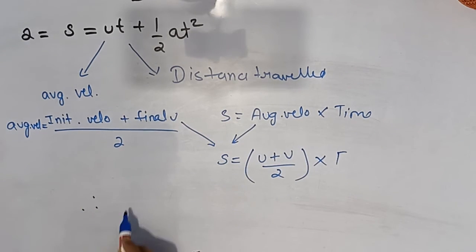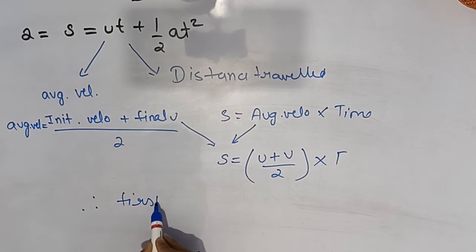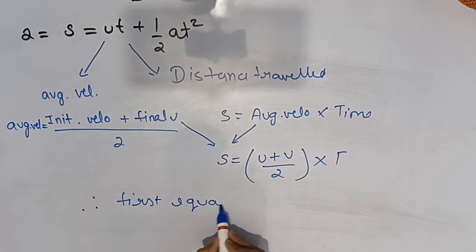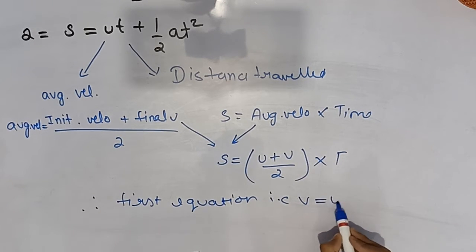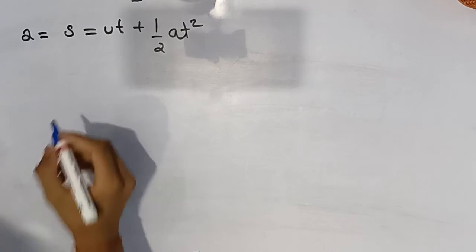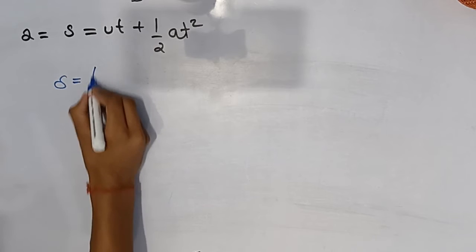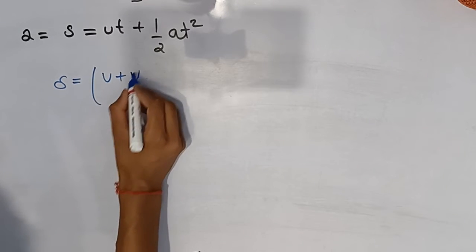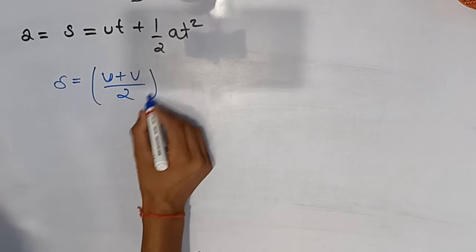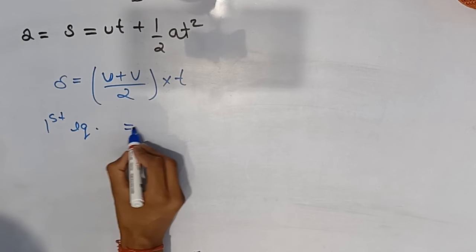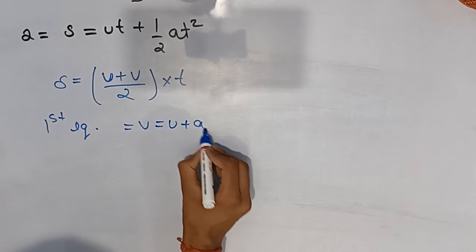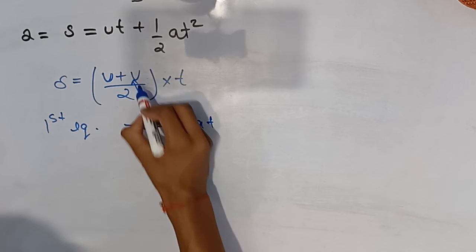Now we also have to use the first equation of motion, that is v = u + at. First let me erase this. So we have two things: the distance traveled formula, s = (u + v)/2 × t, and the first equation of motion, v = u + at.